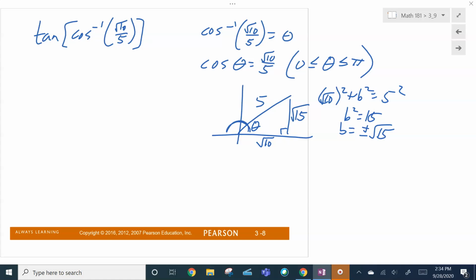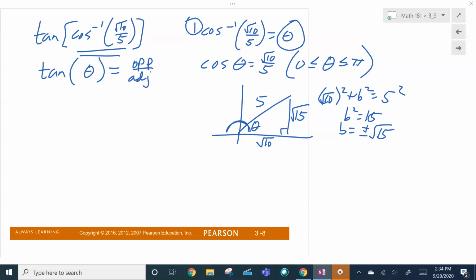So now that I've done this step, I've been able to draw cosine. I'm going to go back to my original problem, and remember, I called the arc cosine of root 10 over 5 theta. So really, I'm just finding tangent of theta, and I have a picture of theta now. Tangent is opposite over adjacent. So opposite is root 15, adjacent is root 10.